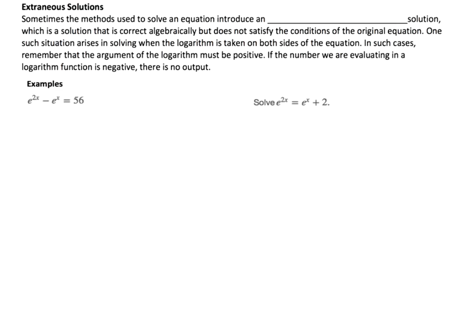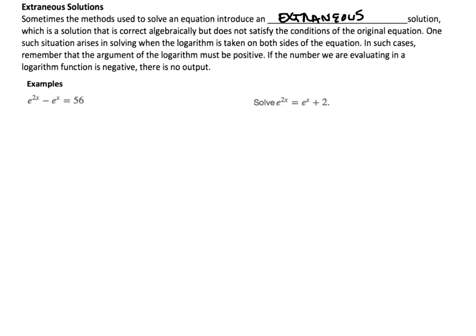Okay, extraneous solutions. Sometimes the methods that are involved in solving these types of equations produce what we call an extraneous solution. This is a solution that shows up when you solve these equations properly.